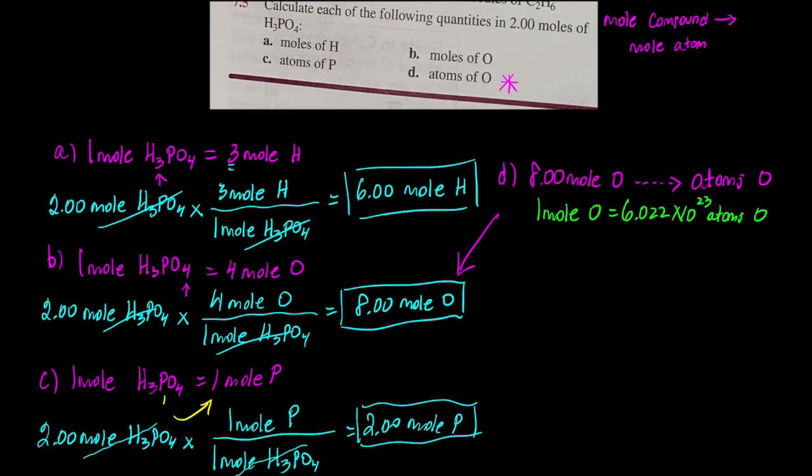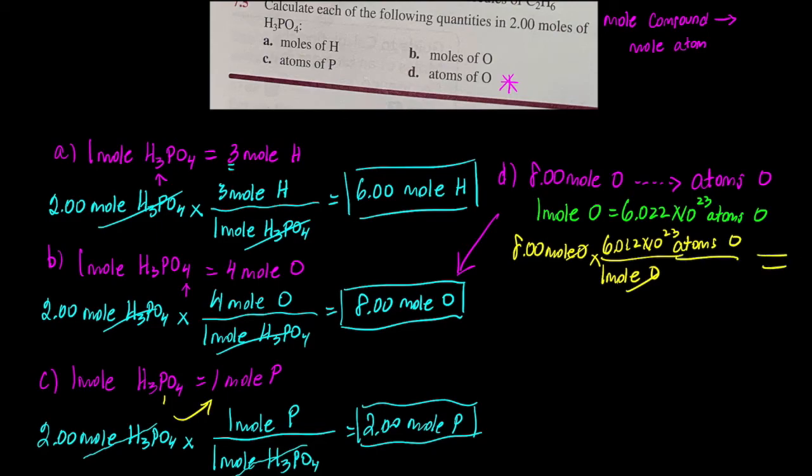Now, to set up the math, we take 8.00 moles of oxygen, okay? And once again, set up your fraction bar. 1 mole of oxygen needs to be on the bottom of this fraction to cancel. And on top, we're going to have 6.022 times 10 to the 23rd atoms of oxygen, okay?